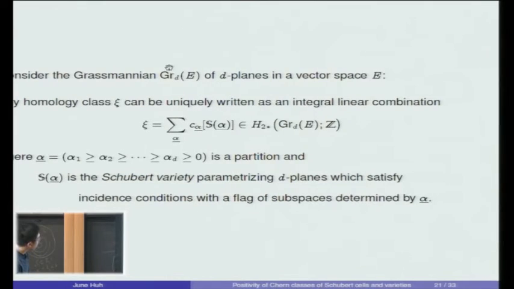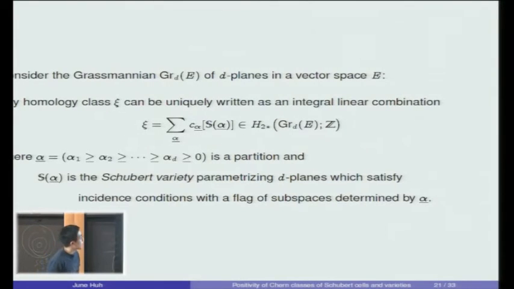Okay, so let's go into the Grassmannians. Let me introduce some symbols. You fix a complex vector space, E, of whatever dimension, and then you look at the set of all d-dimensional subspaces of your E. The collection of all such is the Grassmannian, which I'm going to write as Gr_d, where d is the dimension of my subspaces.